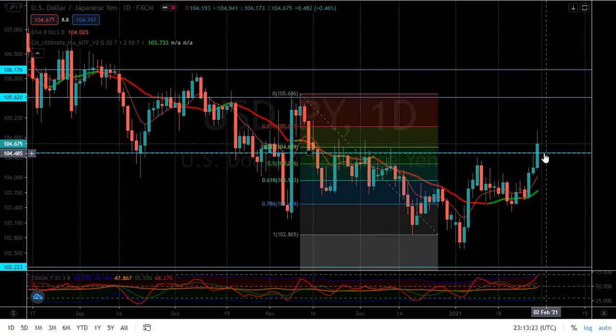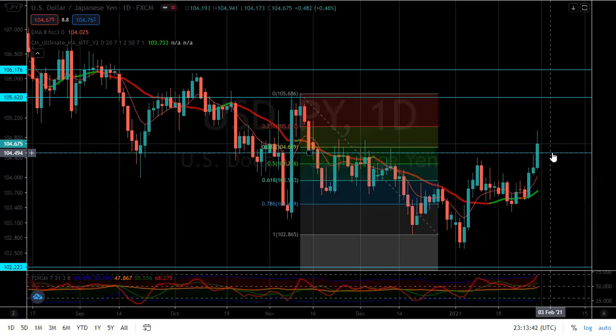And I'm looking to more bullishness with this pair after a retracement into the 104.50 area. Look for the retracement here and continuing upwards.